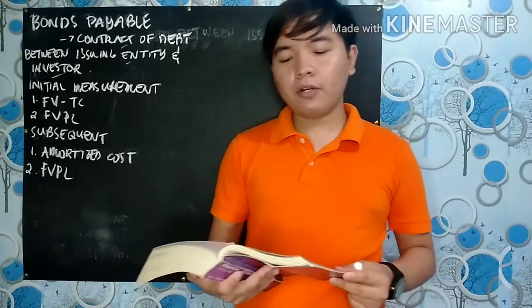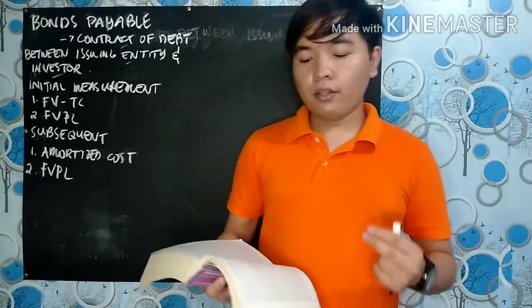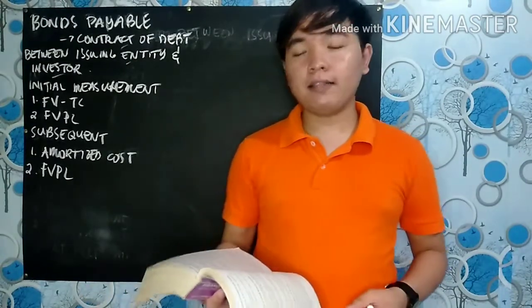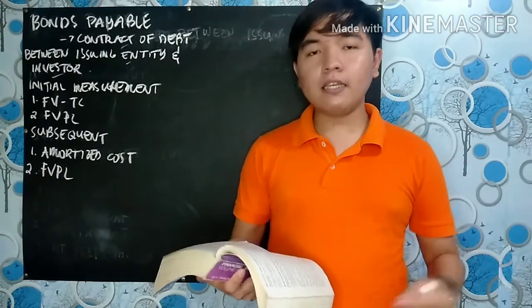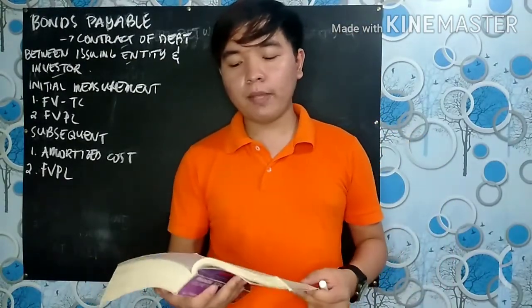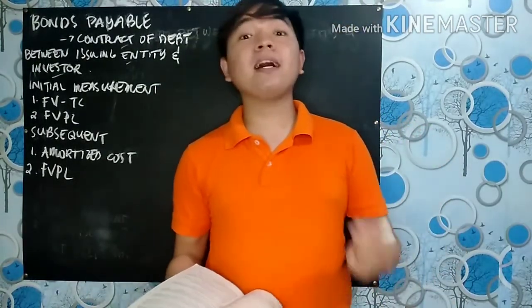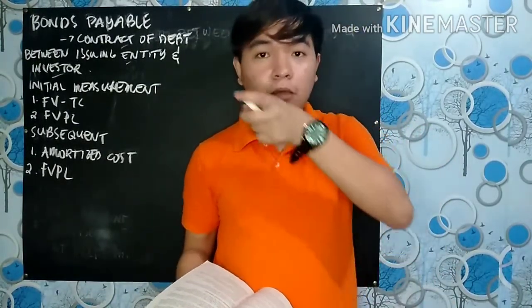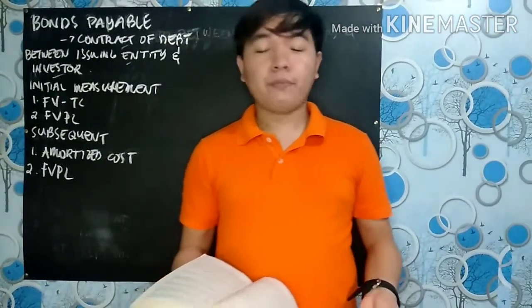Okay, meron naman tayong bonds in terms of security. So, number one is the mortgage bond. Number two is the collateral trust bonds. And number three is the debenture bonds. What is the mortgage bonds? Are bonds secured by a mortgage on real properties? Ito naman yung mga bonds na in-issue natin tapos meron tayong security na provide, which is our real properties.